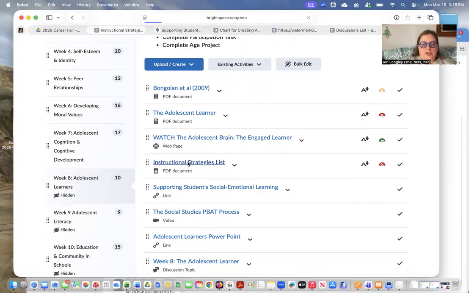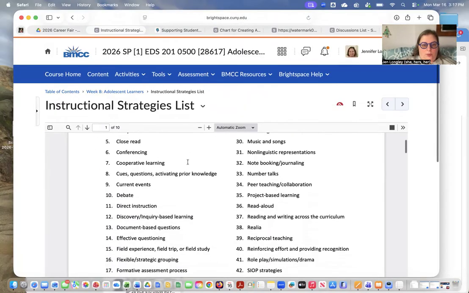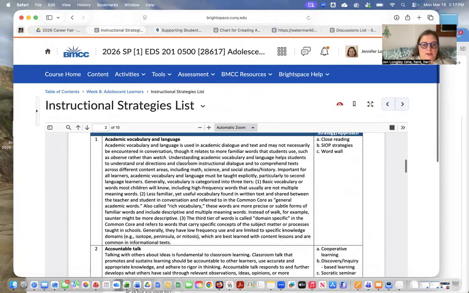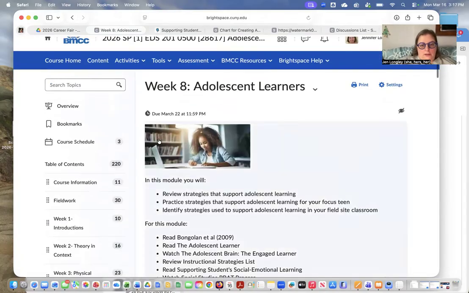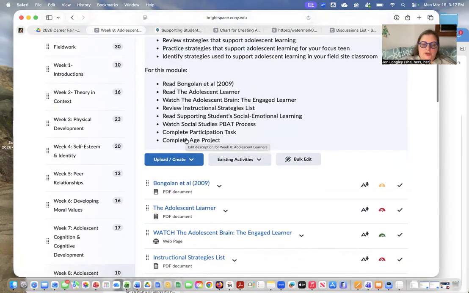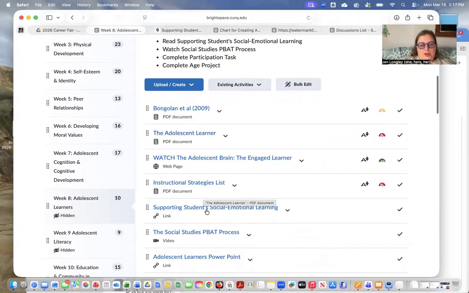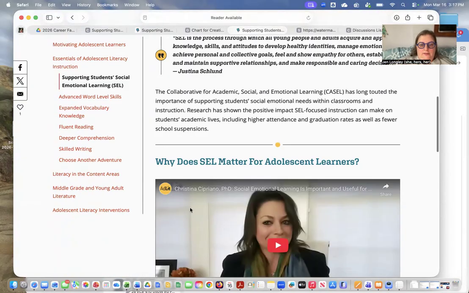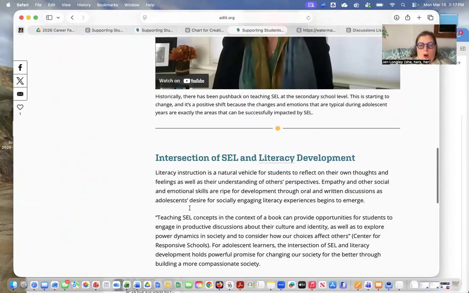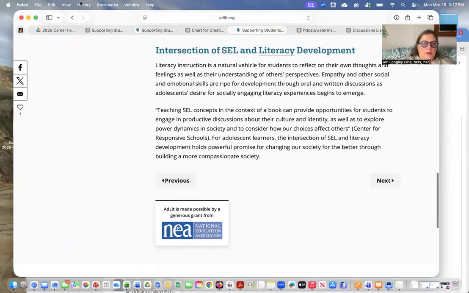Then again, instructional strategies to support adolescent learners and a description of what those look like. Their instructional strategies, also called learning strategies, supporting social emotional learning for adolescents and why this matters.